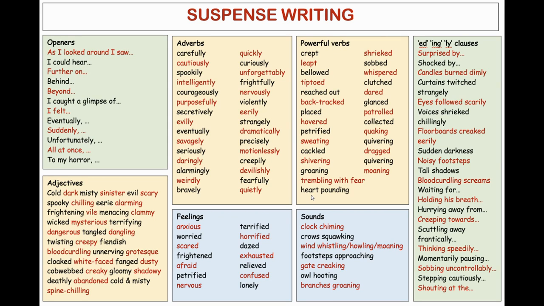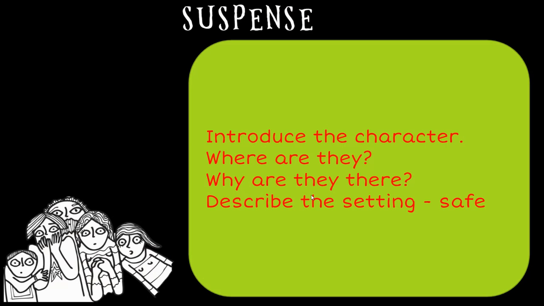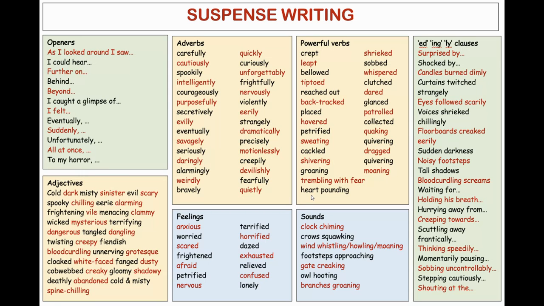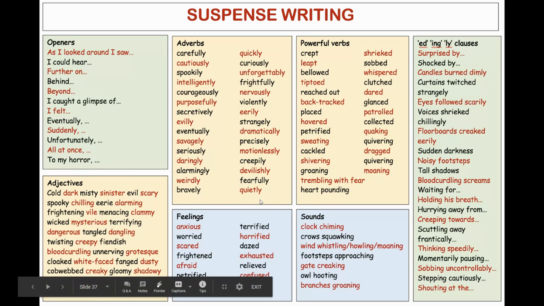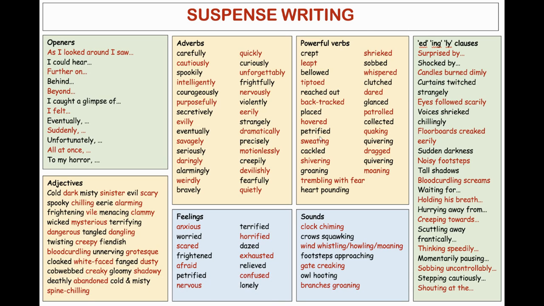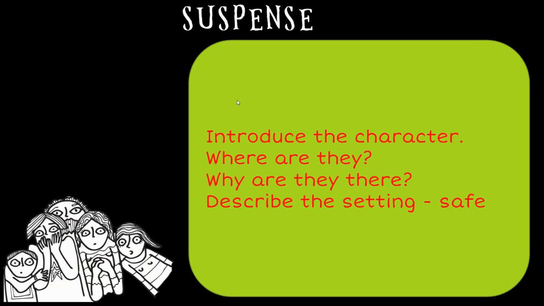Here's also some really, really useful word banks that you can use, including the 5 senses, or some of the senses. It's got some adjectives to use, the clauses, powerful verbs, adverbs, and openers that you can use in your work. And remember, this is Year 6 writing, so we're setting that expectation really, really high.